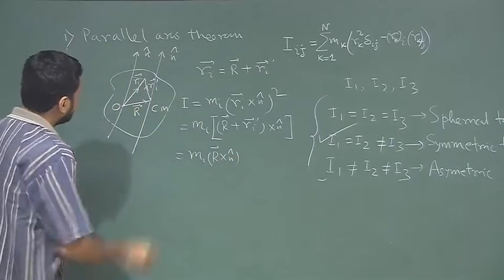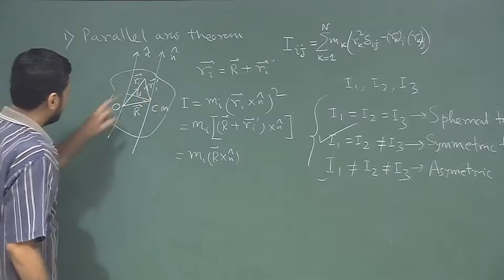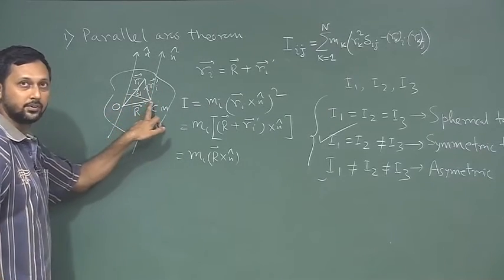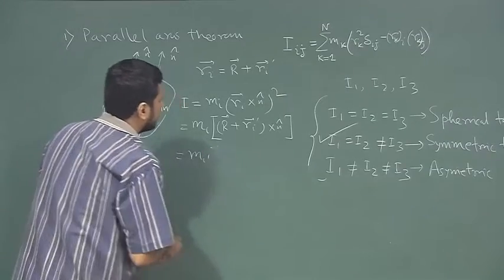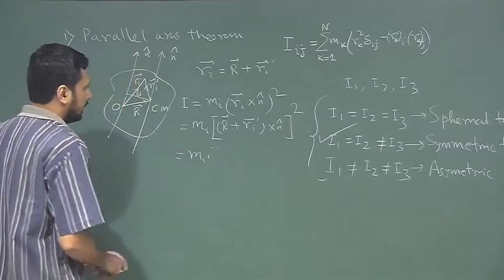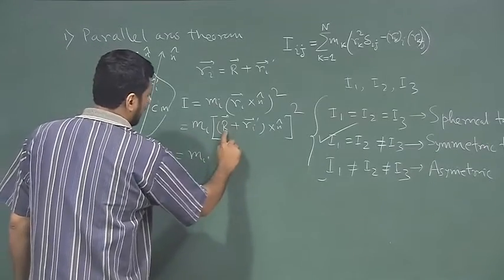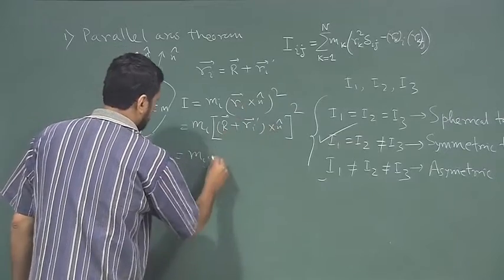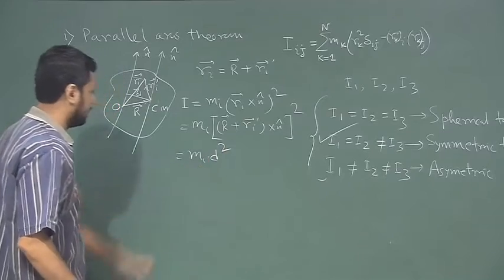Now, r cross n capped will be the distance d between this axis and the center of mass. So, my first term will be m_i |r cross n capped|^2, which will be d^2.